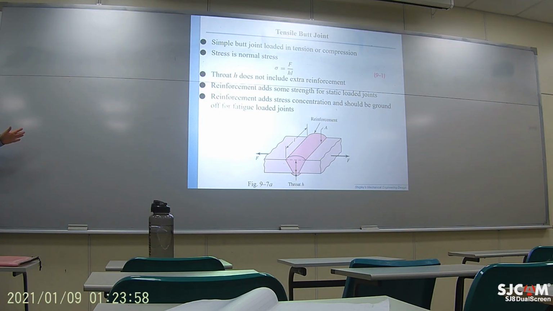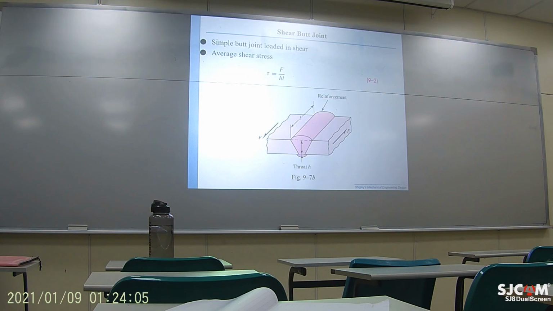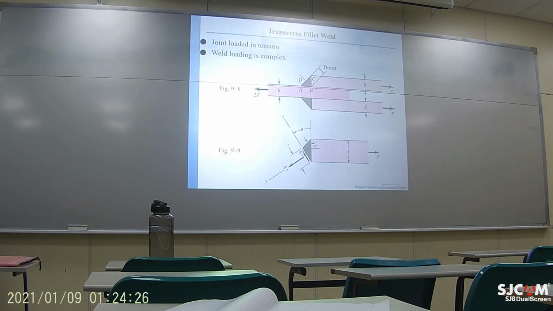Okay, so for this face to face, the stress area is H times L. And similarly, if you apply the force in a shearing fashion, then it's still the force that causes the shearing stress, over the stress area, that's your shearing stress.